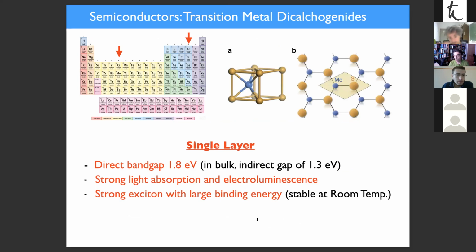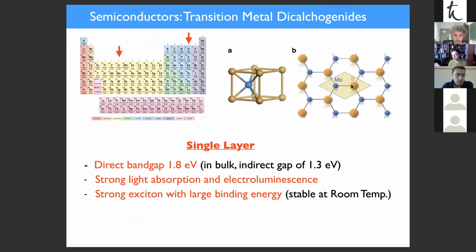So let's start with the excitonic part. For that, we are going to consider these transition metal dichalcogenides that are very interesting materials composed of one atom from this column and two from the chalcogenide column in this configuration, that is the honeycomb configuration. This is one particular case, MoS2, one molybdenum atom and two sulfur atoms in this configuration.